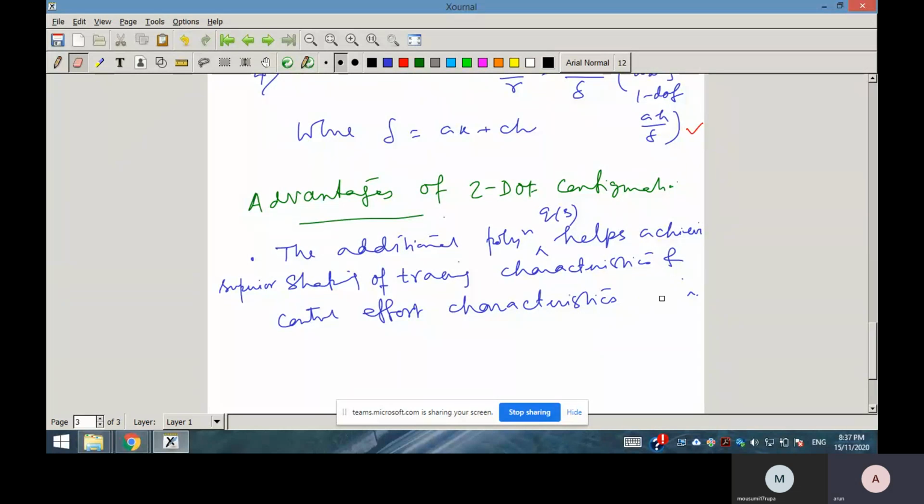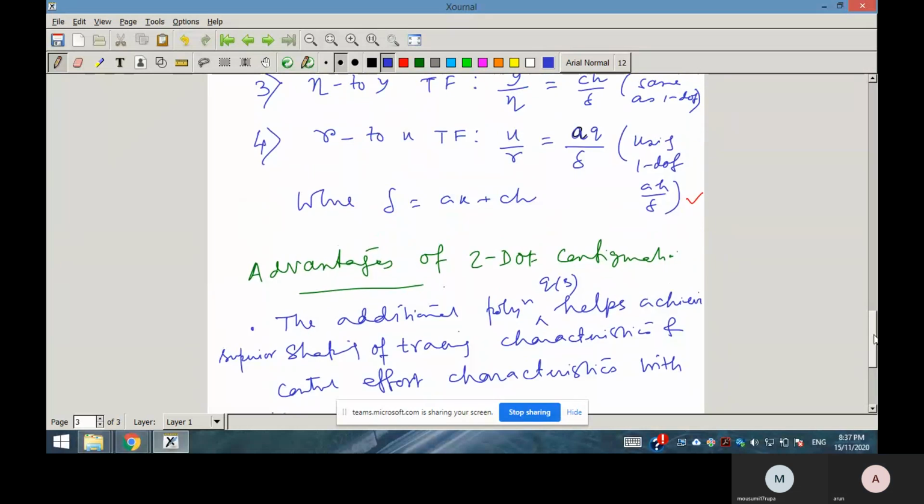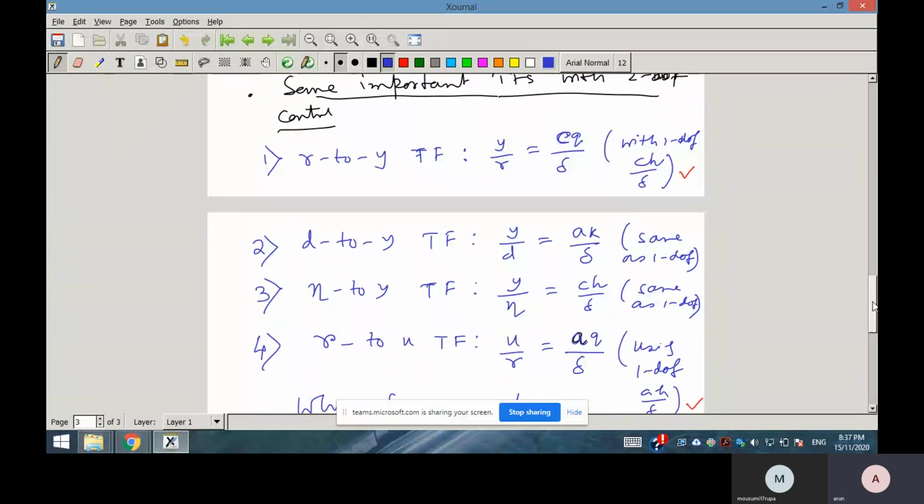Okay, so control effort characteristics with the same delta. So now suppose delta is given. Once delta is given, in case of 1 degree of freedom, what will happen?